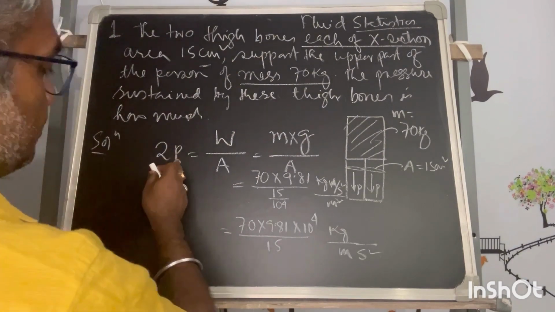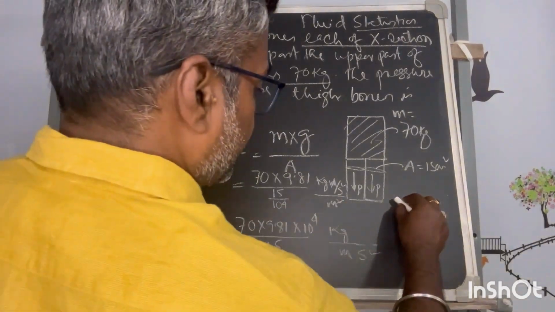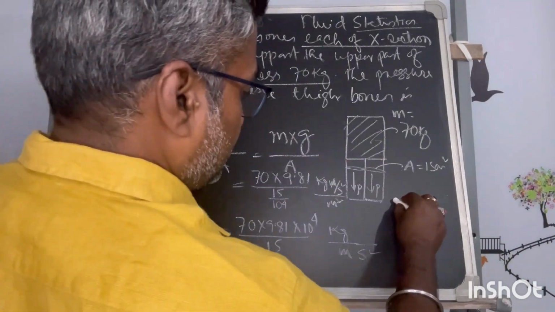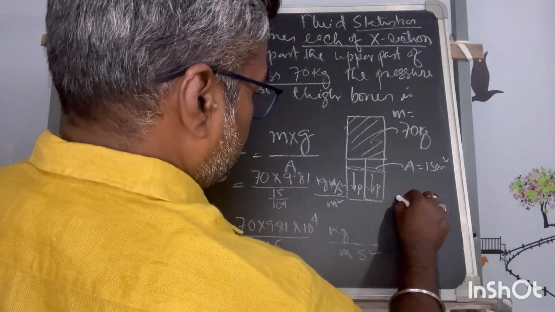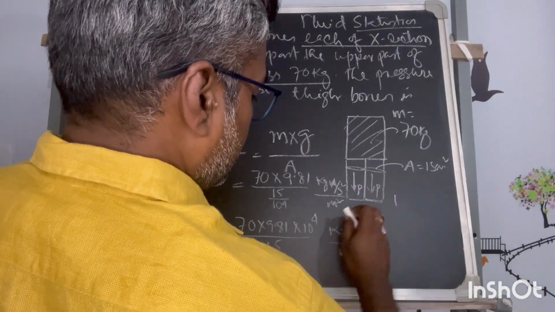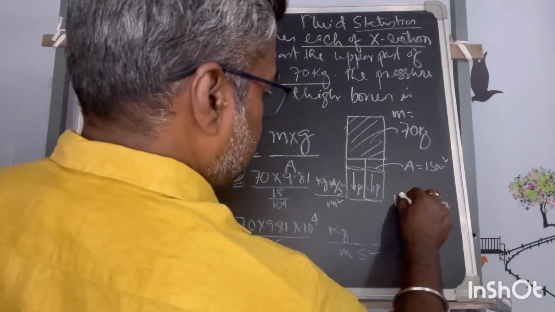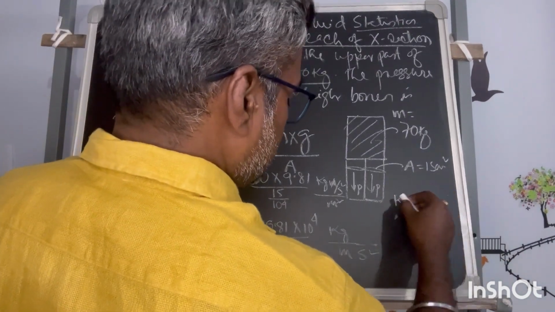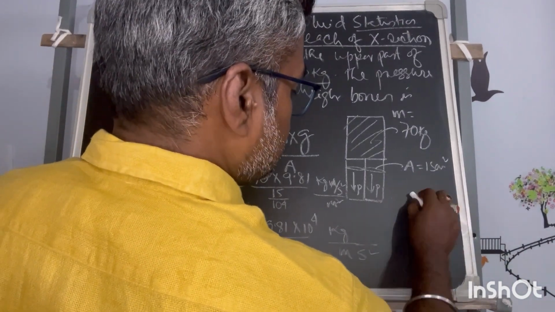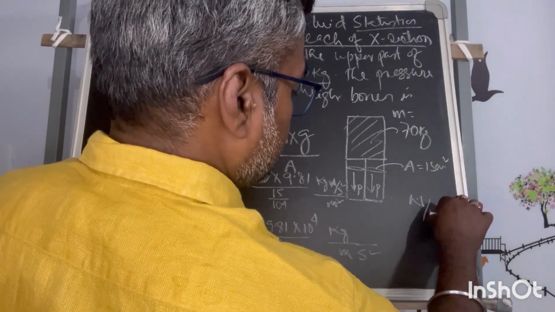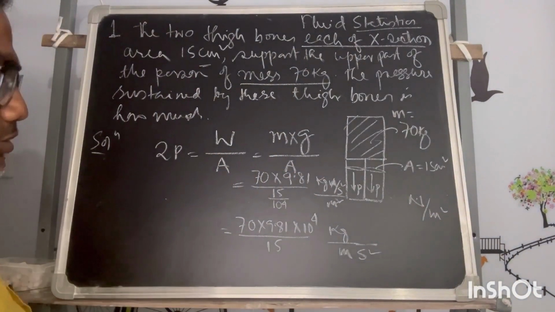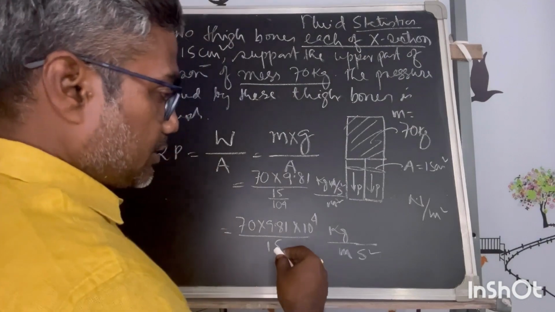Now pressure in SI unit can be Newton per meter square. This is the pressure unit. Now how does it become Newton?